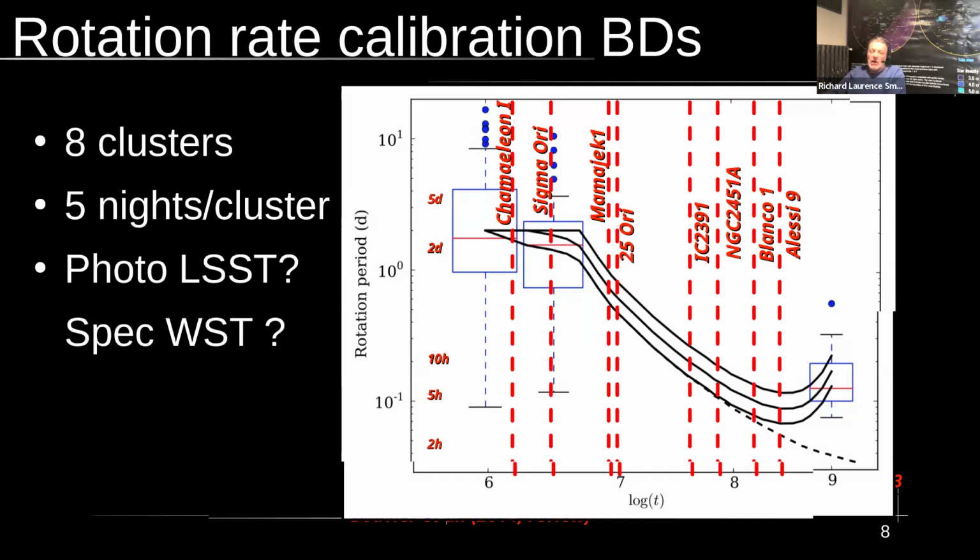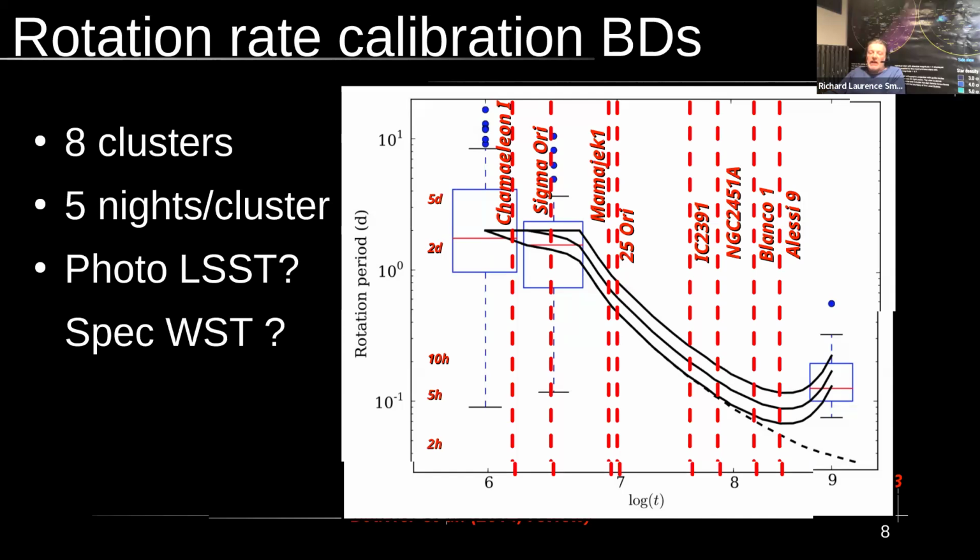So therefore, we could think about looking for the variation in the spectra with the WST, but we could also think about doing photometry, just integrating over the spectra for a study of any cluster.